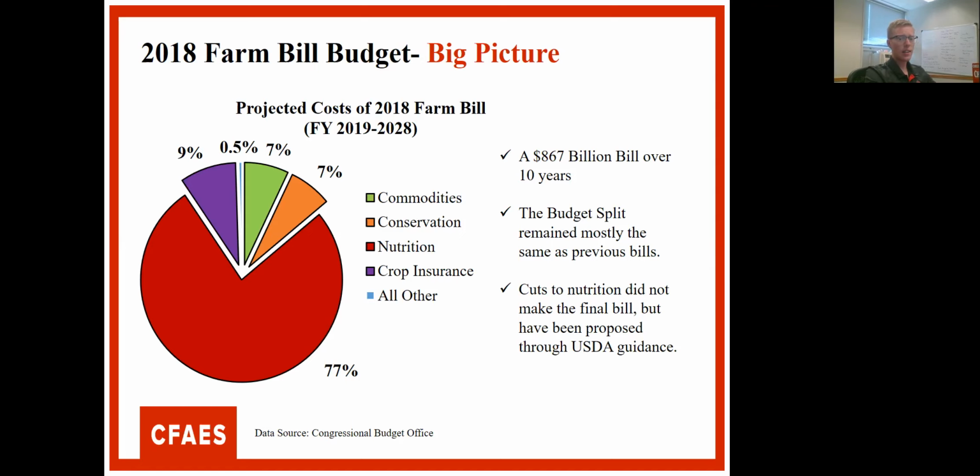Conservation is gaining a little bit of strength because both urban and rural people understand the need for conservation, so it's gaining votes and popularity. I think in the next couple of years we can see conservation continue to pick up dollars, maybe at the expense of others, but if there's new money, I think that might go to conservation as well. Again, the cuts to nutrition did not make it into the final bill. Those were proposed by House Republicans.